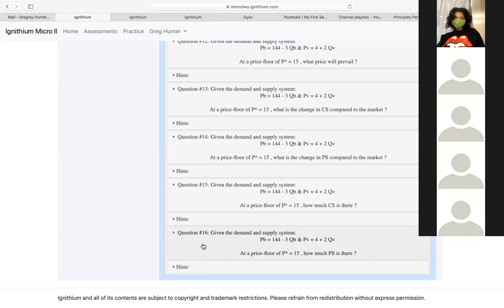No, I do not. Okay, on all the price control problems, the first thing that you have to do is calculate the equilibrium for the market you're dealing with, or the equilibrium price, right? Because we don't know if this price is binding or not. Got it. Okay. Yeah, I did that then.